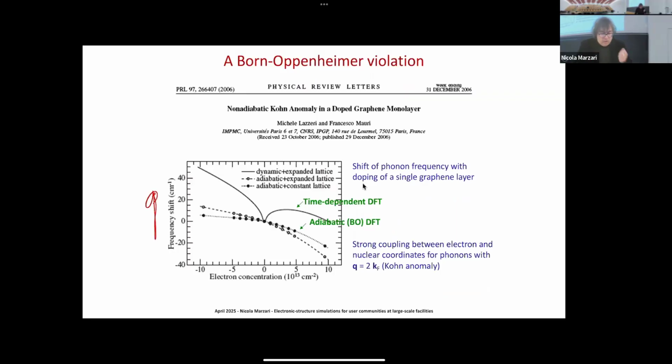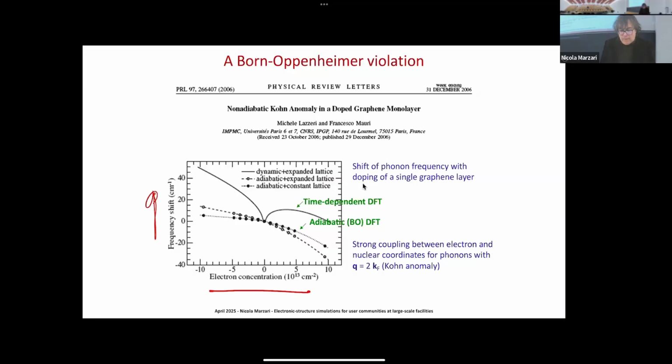So this 0 means what we have at 0 doping, that is, the relevant frequency of, I think, the A1 mode. I've forgotten. It's probably 1500 centimeters to the minus 1. I don't remember the number.